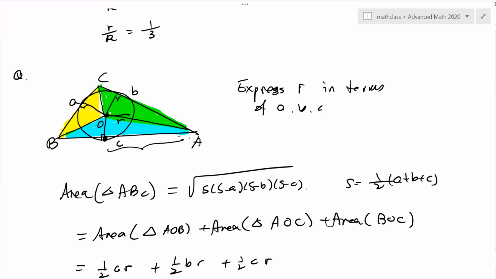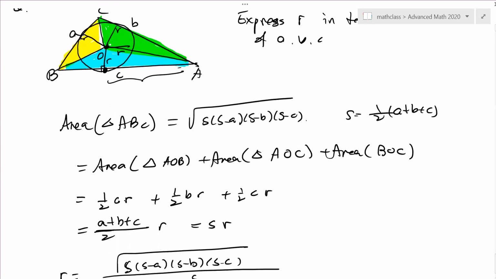I have no idea. The only thing I know is the radius, which is the height of the right triangle. But that's it. I cannot do anything. So using area, I can determine the radius of the inscribed circle. Okay. So this is a nice formula.